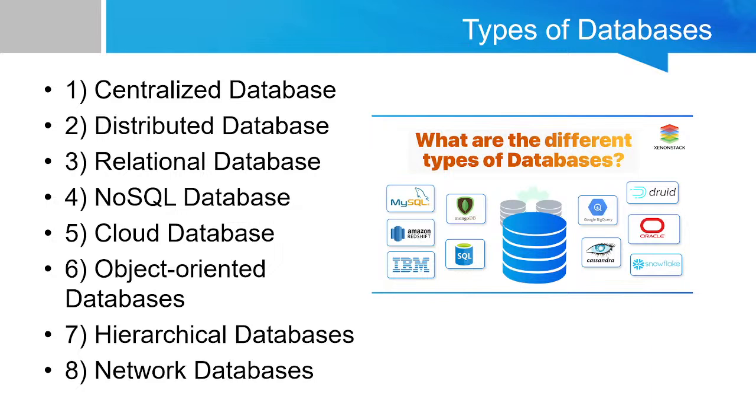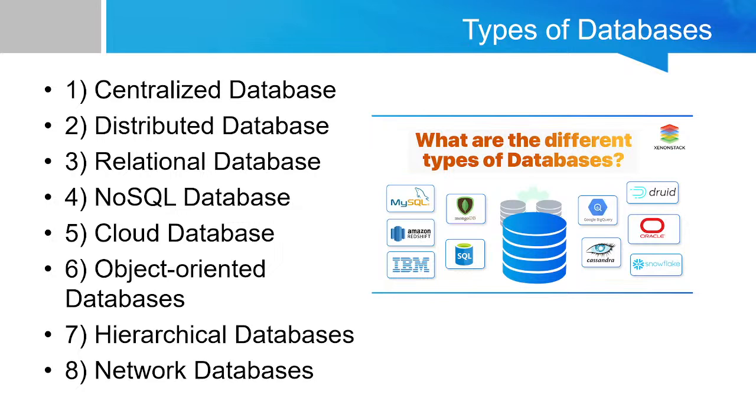Next, we have relational databases, which are based on the relational data model. As I told you, we store the data in the form of tables, with rows, also called tuples, and columns, also called attributes. Together, tuples and attributes make a table, which is also called a relation. Relational databases use SQL for storing, manipulating, and maintaining the data.